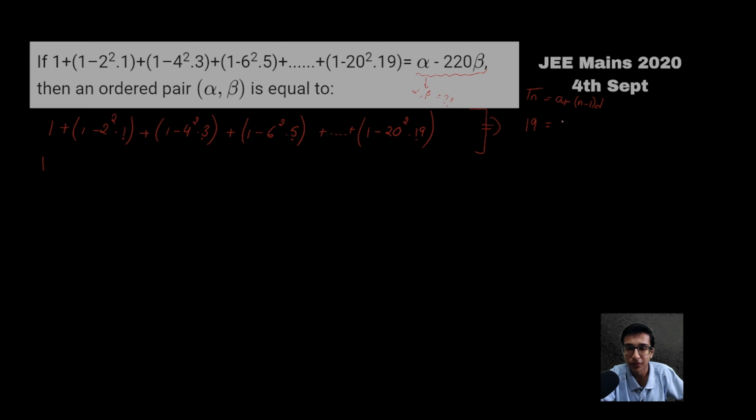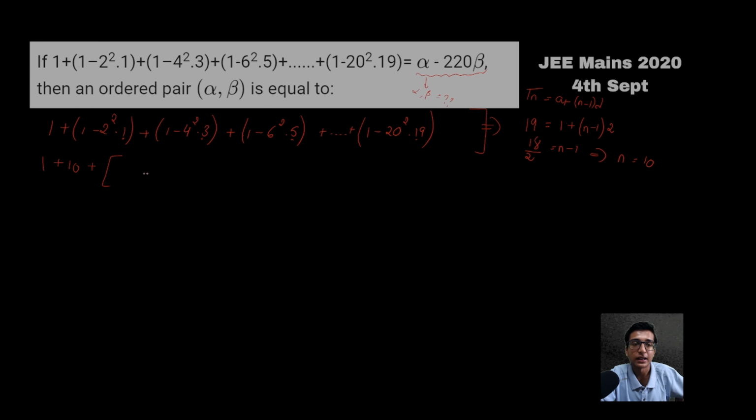So let's use that formula here. 1 plus (n minus 1) into 2 is 19, so 18 by 2 is equal to n minus 1. So n would come out to be 10. That means 1 has been added 10 times here. So we can simply write 10 here.